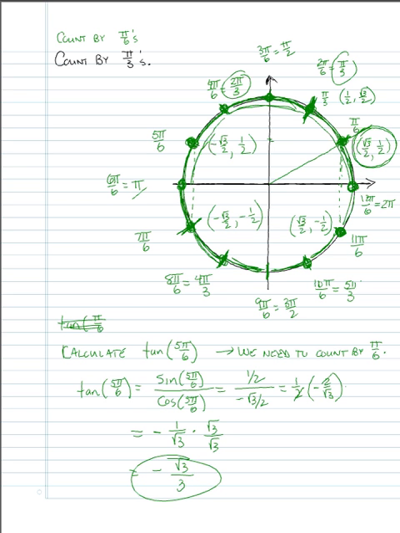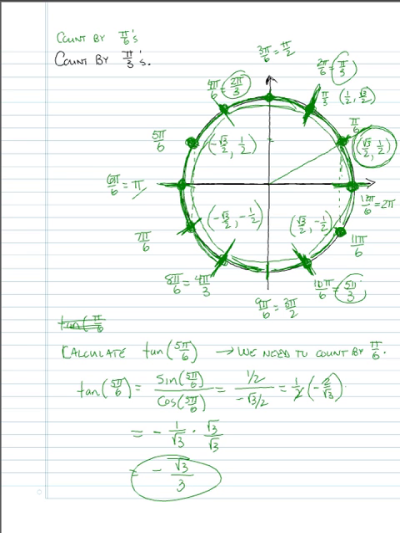If we go pi over 3 again, that puts us to here, that's 4 pi over 3. If we go pi over 3 again, that's 5 pi over 3. And if we go pi over 3 again, that puts us to here, that's 6 pi over 3, which is the same as 2 pi. So here is 1 pi over 3, here is 2 pi over 3, here is 3 pi over 3, here is 4 pi over 3, here is 5 pi over 3, and back to here is 6 pi over 3.